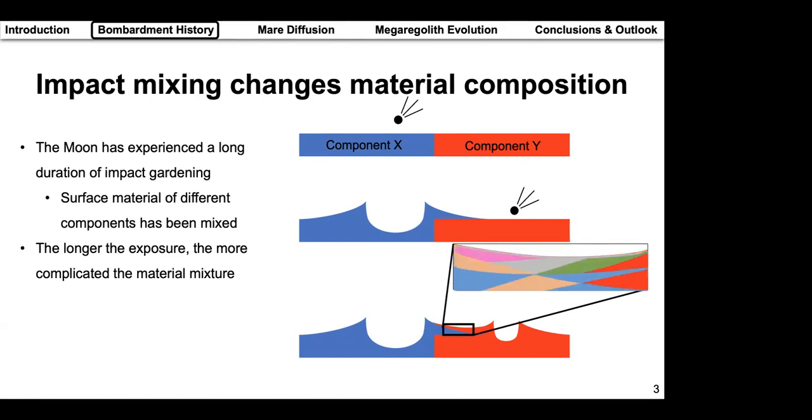And at the very end, what we will get is a piece of material consisting of chaotic components, very, very complicated. So this is the big picture of the consequence of cumulative long-term impact mixing.